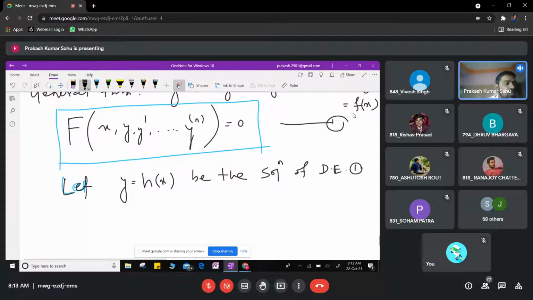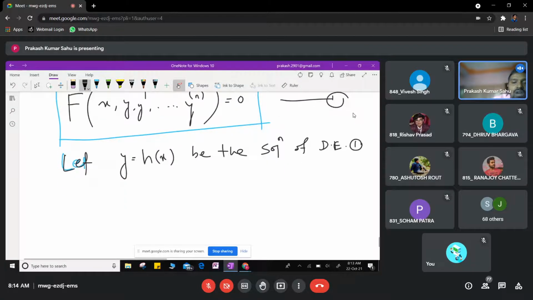So when we say h(x) is the solution, if h(x) satisfies equation 1, then we can say yes, this is a solution of a differential equation.